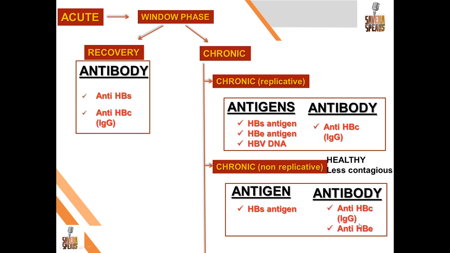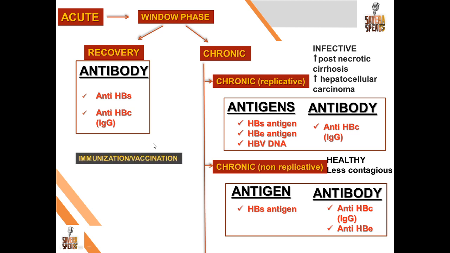So this anti-HBe is only positive in this chronic non-replicative type. Since this is non-replicative, the person is usually healthy and the disease is less contagious. Whereas in the replicative type, the disease is infective and there is an increased risk of post-necrotic cirrhosis and increased risk of hepatocellular carcinoma.